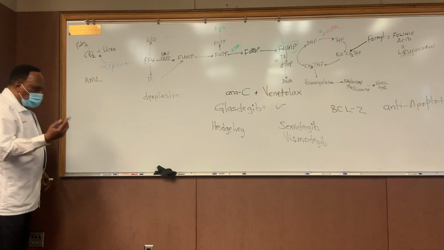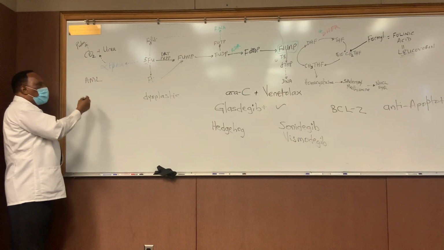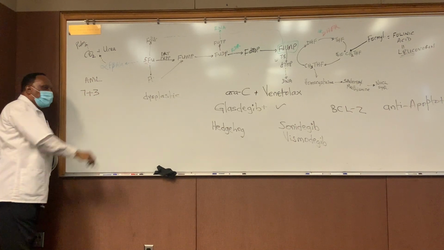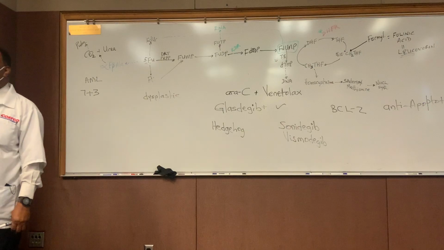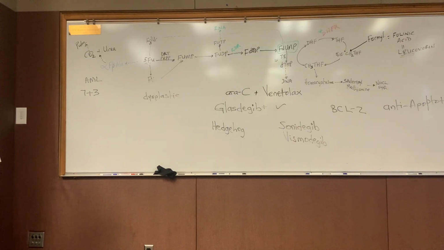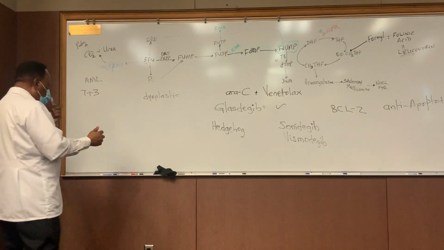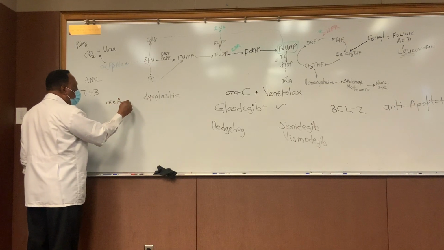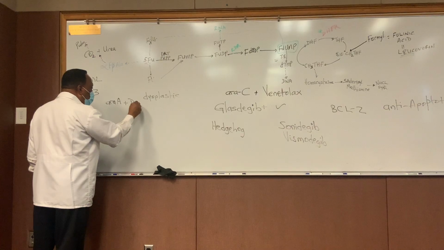Other agents you can see used for AML. There is what you call the 7+3 regimen. The 7+3 regimen is a combination of ARA-C, ARA-C plus daunorubicin.